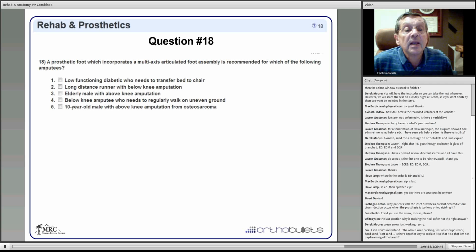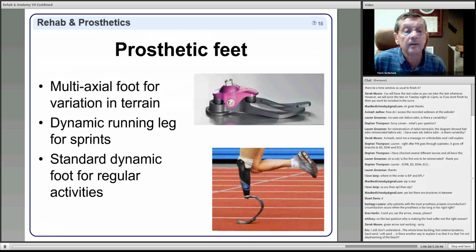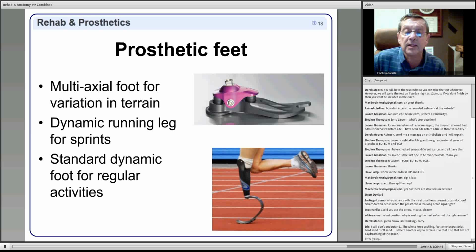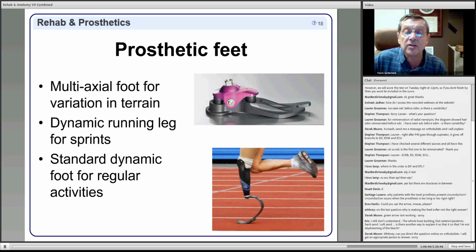A prosthetic foot which incorporates a multi-axis articulated foot assembly is recommended for which of the following amputees? Now here again we see 2 different types of prosthetic feet. The multi-axial foot in the top illustration, and the dynamic running leg, which is also a type of C foot, which has a large amount of flexibility and therefore spring, which makes it easier for the athlete to run, especially in the transtibial, but also for some of the transfemoral.